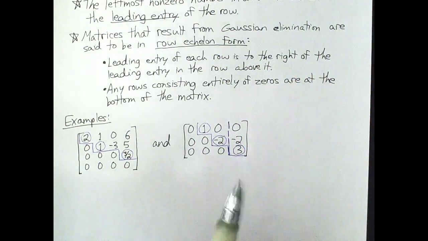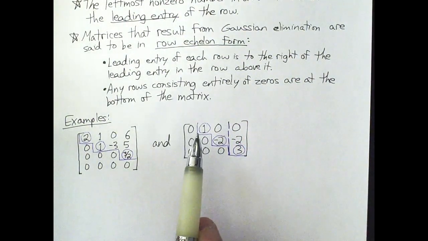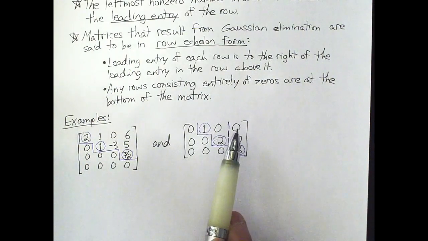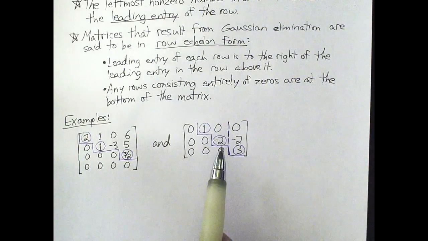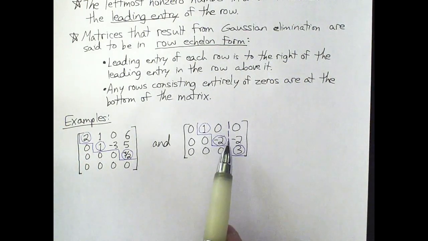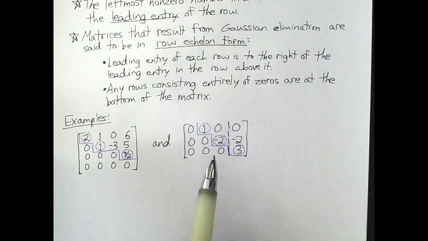All right. So I think here this first row is basically saying x2 equals 0. All right, no problem with that. Second row is saying negative 2x3 equals negative 2. All right, no problem with that.